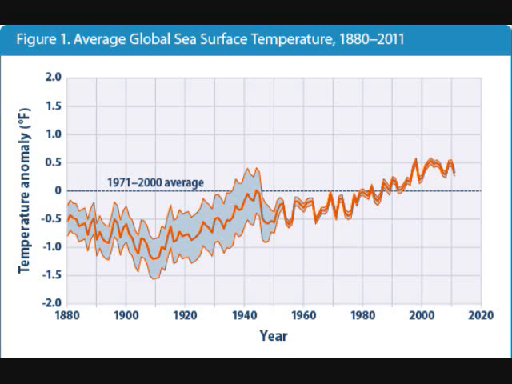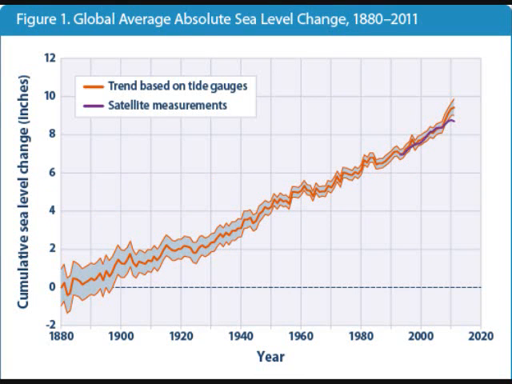Now the next slide is quite shocking. This is sea level change. I should explain why sea level is an indicator of global warming. The theory goes that as the Earth gets warmer, the ice will melt at the poles and in glaciers and in the extreme northern regions, extreme southern regions, and the sea level will rise as the Earth's temperature rises.